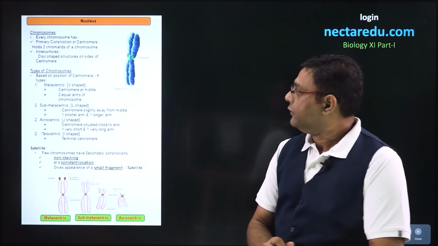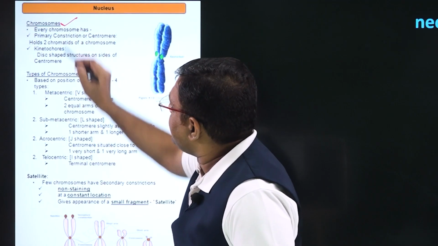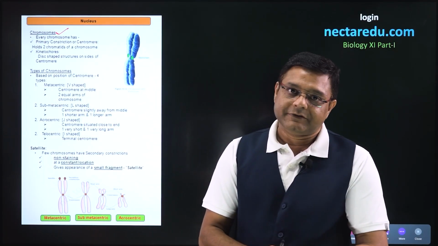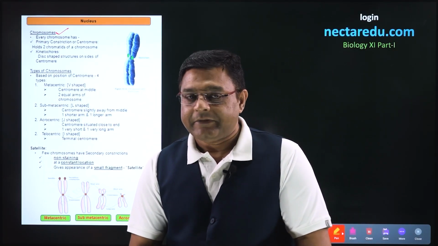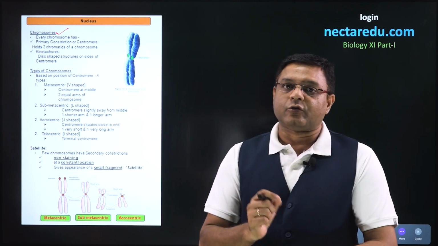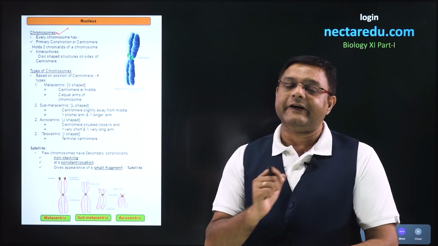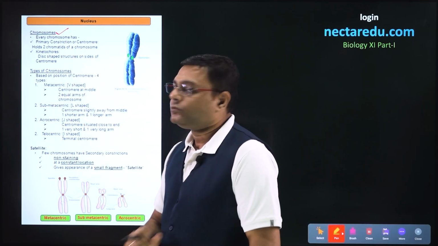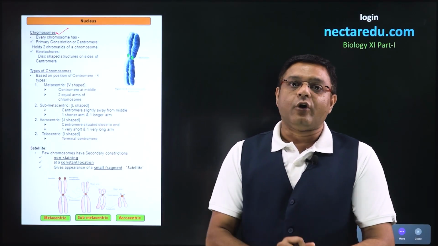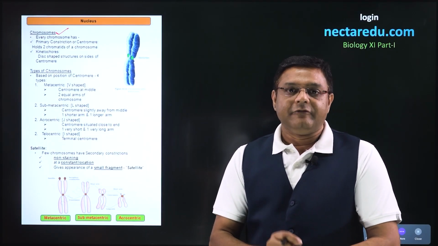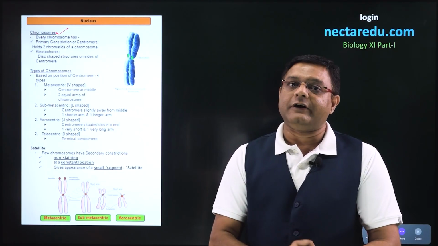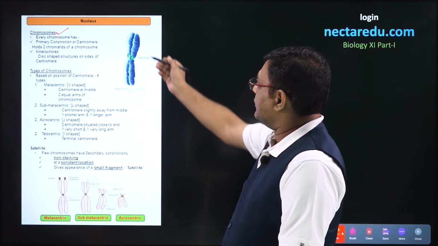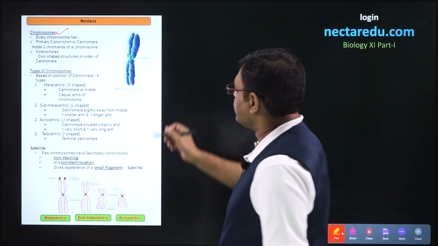In this video, we will look into the detail of the structure of chromosomes. As we very well know, chromatin is the thread which when condensed converts into the chromosome. When we talk about the structure of a chromosome, we talk of a point that is called the primary constriction. So, this is the structure of a chromosome.